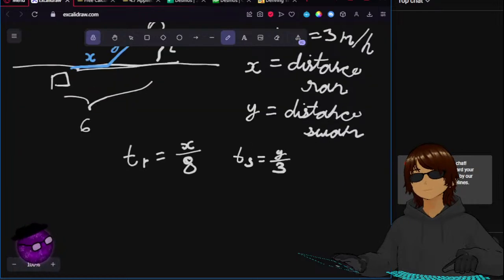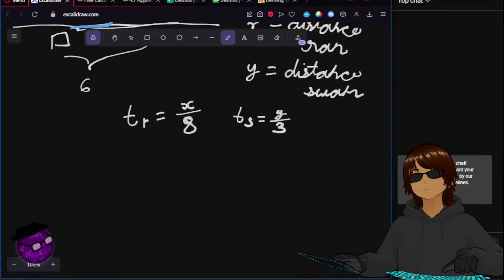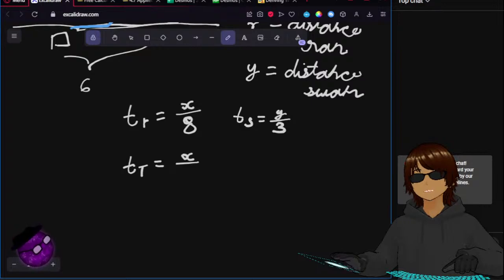We need to minimize the total time. So time total is x over 8 plus y over 3.